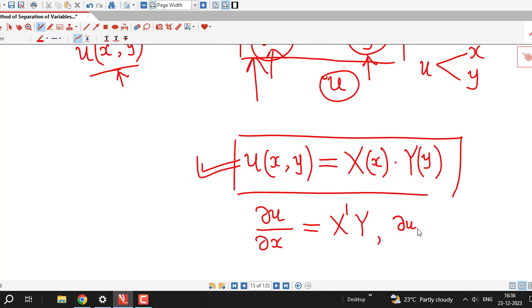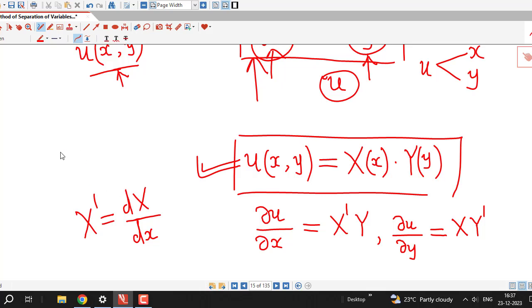Similarly, the partial derivative of u with respect to y is obtained by taking X as constant and the derivative of Y with respect to y. Here dashes denote derivatives with respect to the respective variable. Capital X is a function of small x, so X dash means the ordinary derivative of X with respect to x.